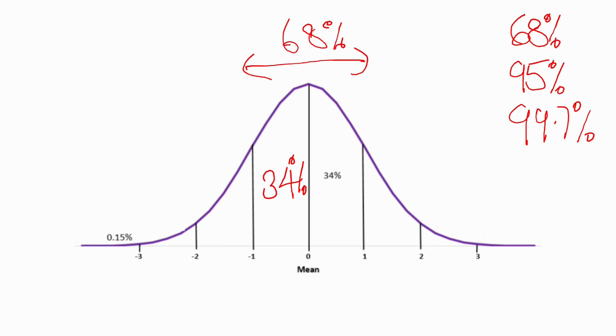So once we know that this whole section here is 95%, we could do a little calculation. 95% take away the 68% that makes up the middle leaves us with 27%. So if we share that leftover 27% between this one and this one, each of those will be half of 27%, or 13.5%.